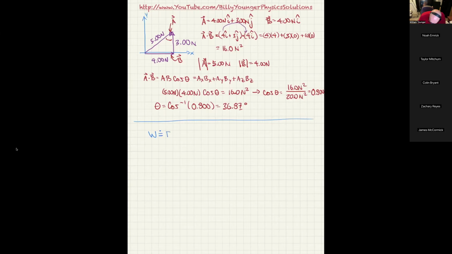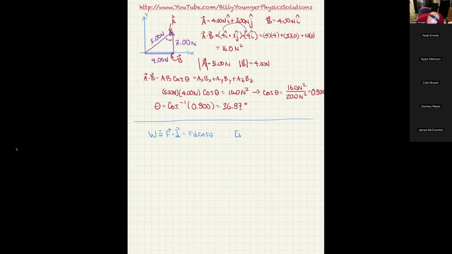Then you get F dot D, which equals F D cosine theta. That's only true if the relative angle between the force F and the displacement vector D doesn't change, and the magnitude of F doesn't change anywhere along the path, and the direction of D doesn't change anywhere along the path. But it is a valid formula in those cases.